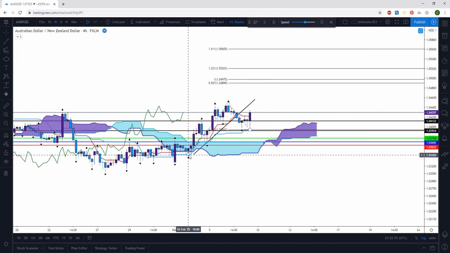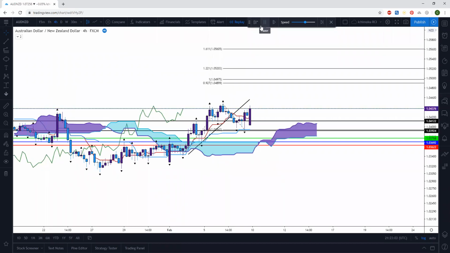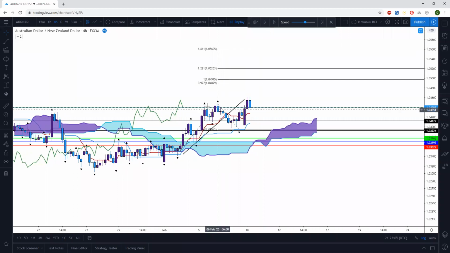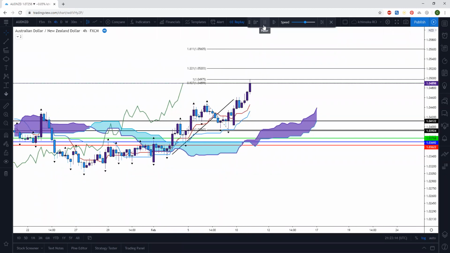I'll probably drag this down lower, but that's fine. So let's go ahead and play it. Broke B level, but we're testing B level. Let's see if we can get through it. Yup. And look, we made the N wave right there.